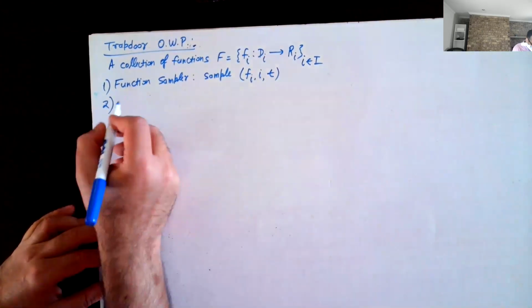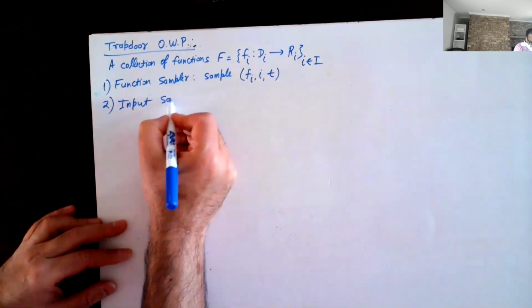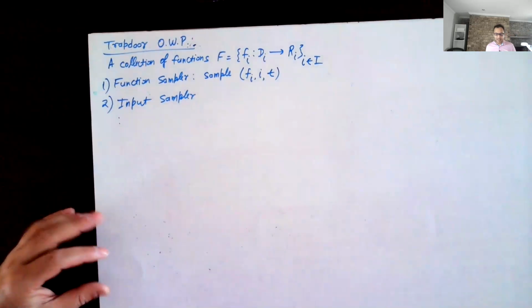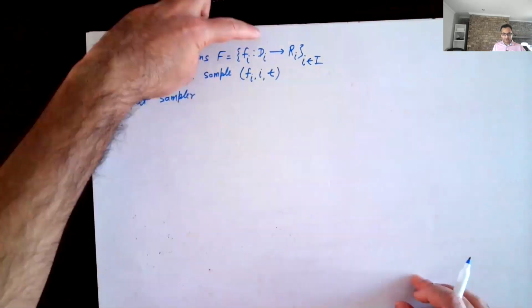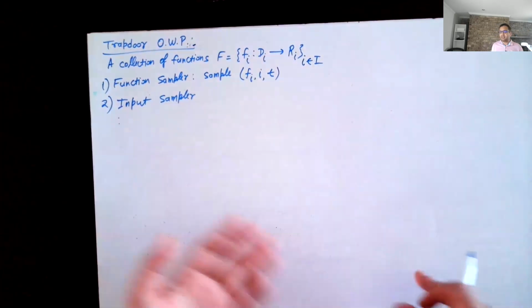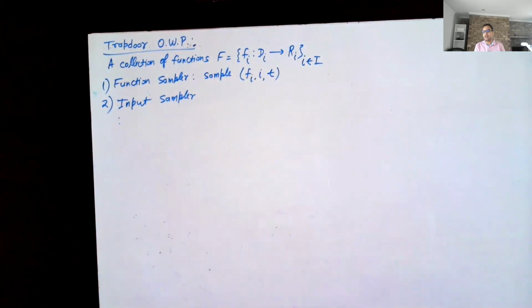And then there is an input sampler. Input sampler allows you to sample from this domain D_i. The third property is hard to invert. If I give you my function f_i, if I give you the output on some random input, it's hard for any PPT adversary to be able to invert it.